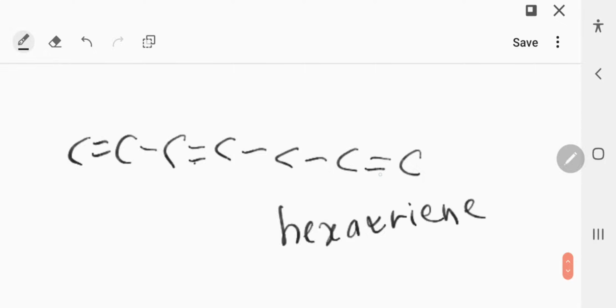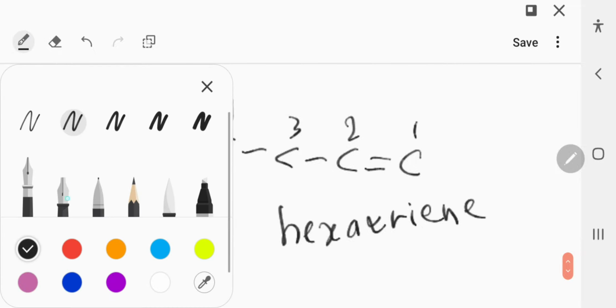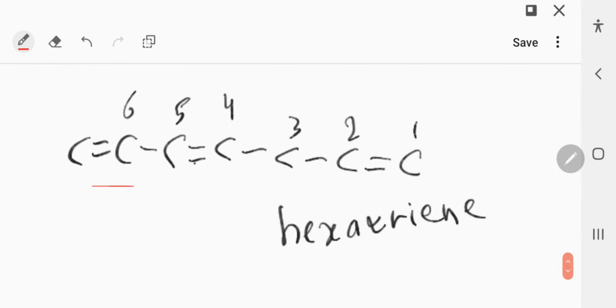And the location of them, if we start from here, 1, 2, 3, 4, 5, 6, we will start from number 1, but the next one will be 4. But if we started from the other side here, 1, 2, 3, here we will have 1, 4, 6. But here we will have 1, 3. Sorry, here we'll have 5.